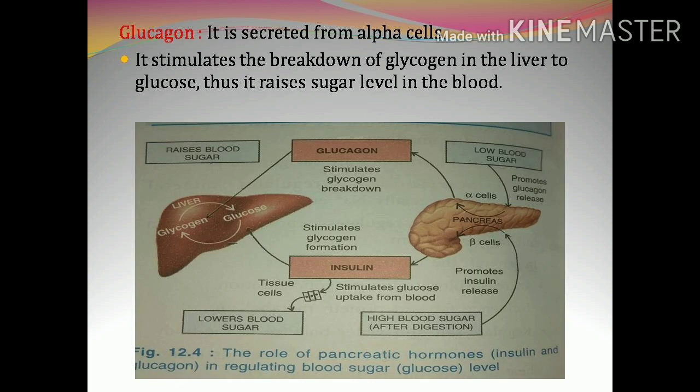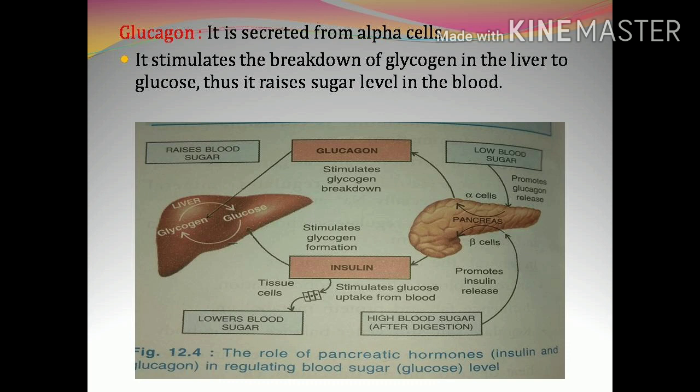Next hormone, glucagon. It's secreted from alpha cells of the pancreas. Its main function is that it stimulates the breakdown of glycogen in the liver to glucose. Through this, it increases the sugar level in the blood.